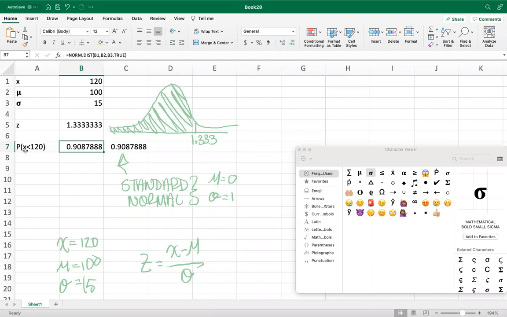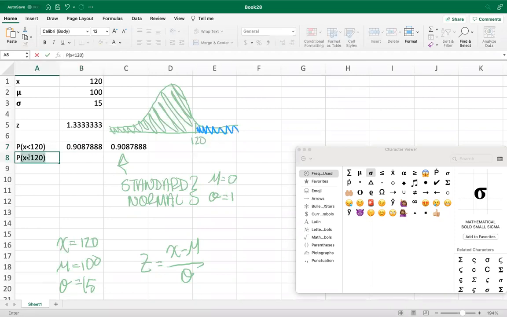So the area to the left of 120. And now to find the area to the right of 120, we could use this blue shaded region. The probability of X being greater than 120 would just be the complement.